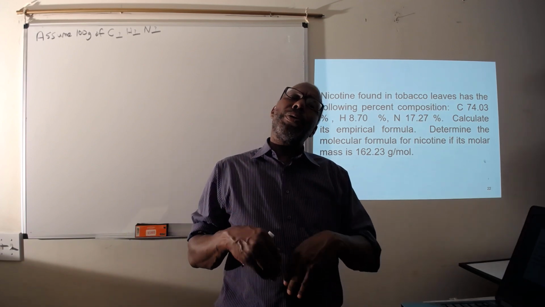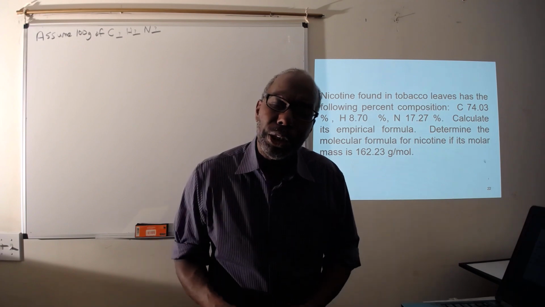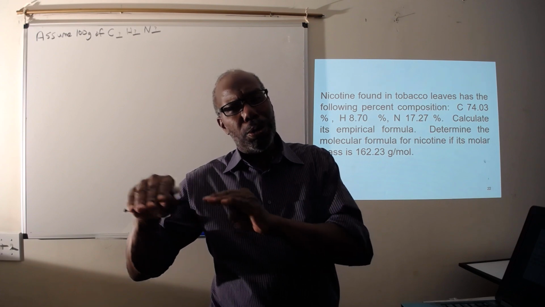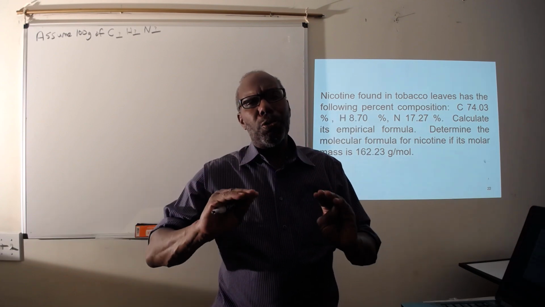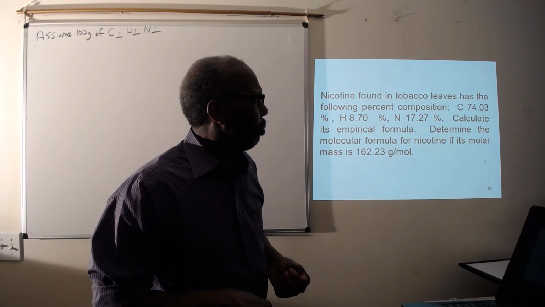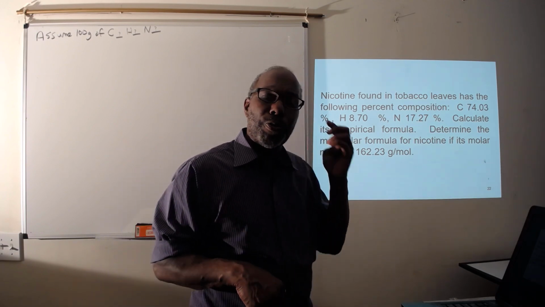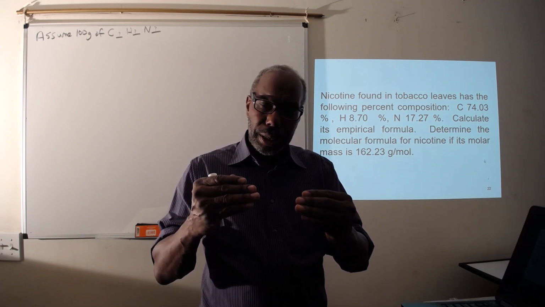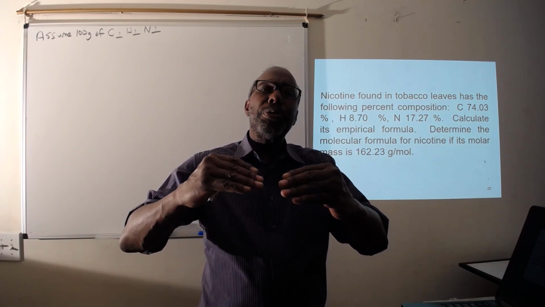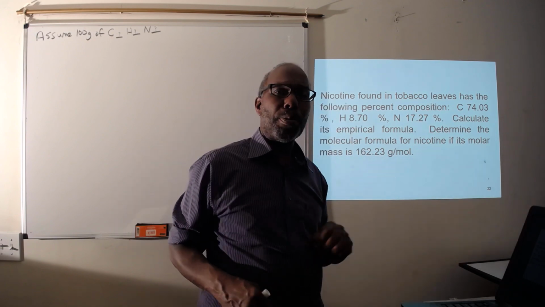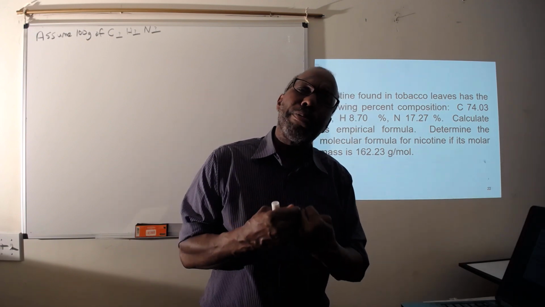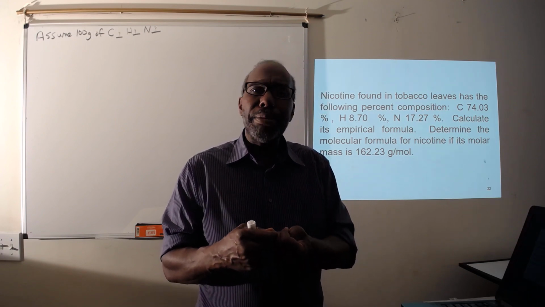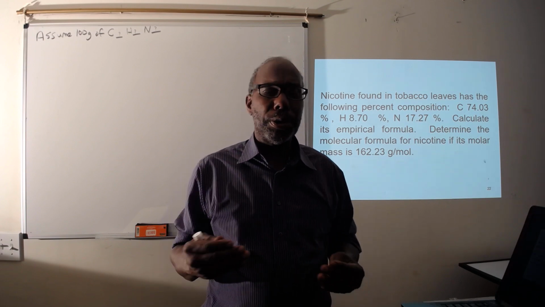Then we convert those quantities to moles of each element, and divide by the smallest mole amount to get the empirical formula. To get the molecular formula, we compare the mass of the empirical formula to the mass of the molecular formula, and we can determine the actual number of atoms in the molecular formula. So that's the route we're going to take here.